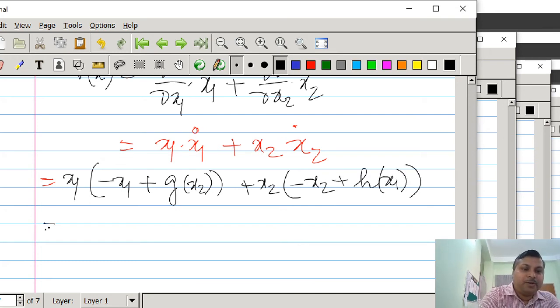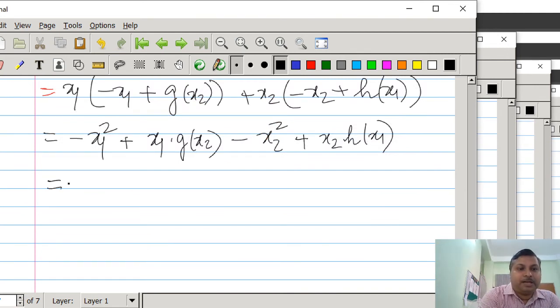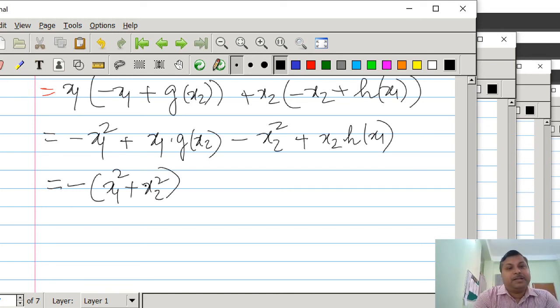Okay, and from here we can see that minus x1 square will come, plus x1 into g of x2, minus x2 square, plus x2 into h of x1. Now from here it can be written as minus x1 square plus x2 square. So if only this term were present, then it is very easy to show that V dot of x is negative definite.